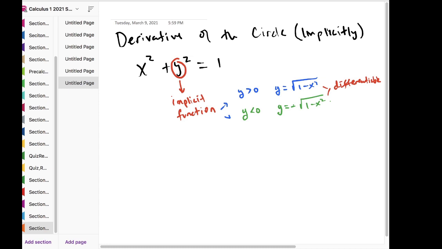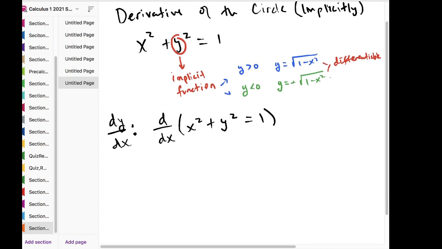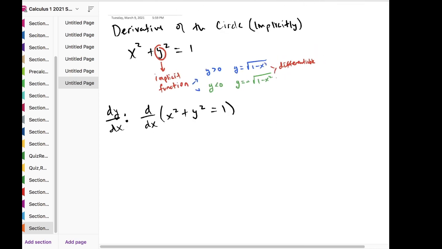Okay, so what is the derivative, dy dx? Well, all of these things are differentiable. What's the derivative of x squared? 2x. Now, what's the derivative of y squared? y is a function of x.